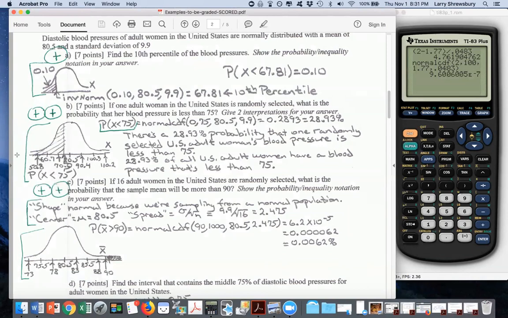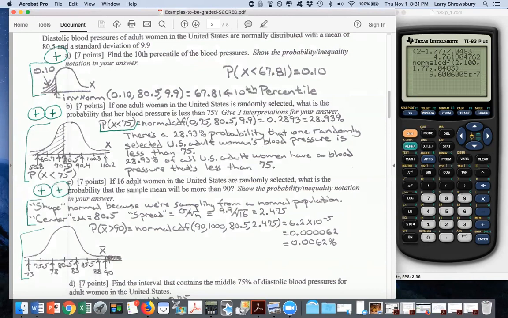Anything way off to the left is fine. So you could use 0. You could use your old negative 1E99. And then, of course, the center and spread for the population. And then punch it in. There's their answer. And here's their two interpretations, which is what it looks like for a population distribution.